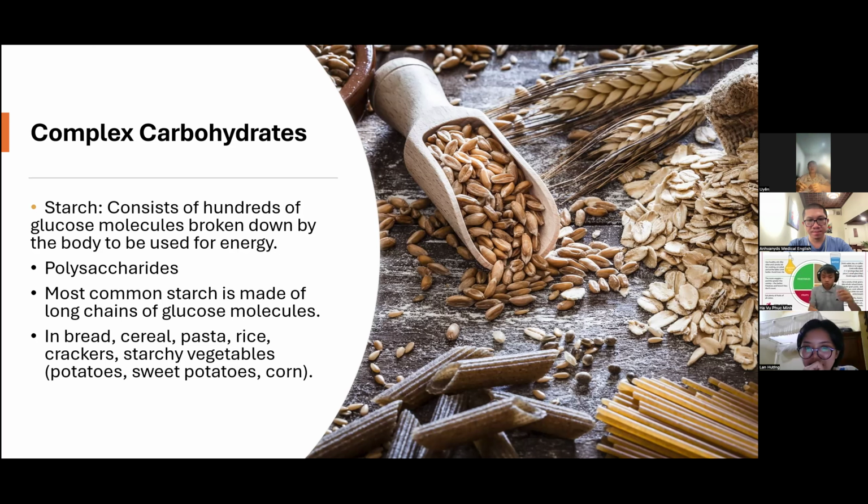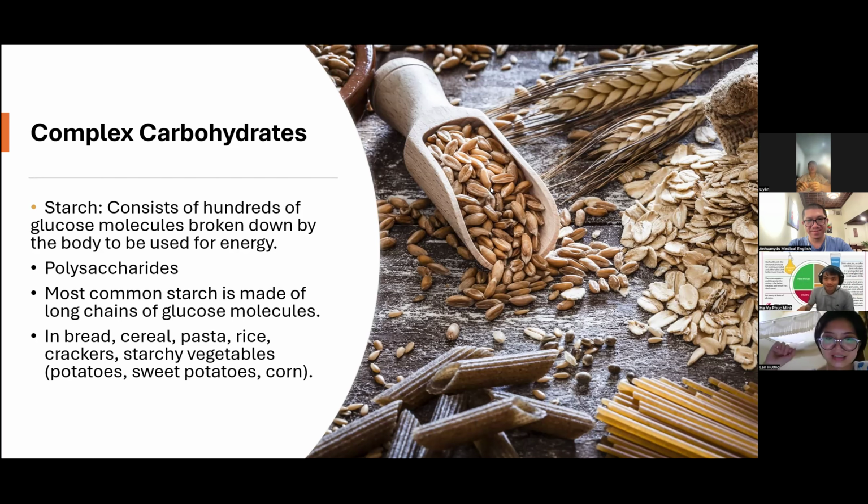The most common starches are made of long chains of glucose molecules, such as in bread, cereal, pasta, rice, crackers, starchy vegetables, potatoes, sweet potatoes, and corn. Those foods contain a lot of polysaccharides. Okay, so we will move to the next one.